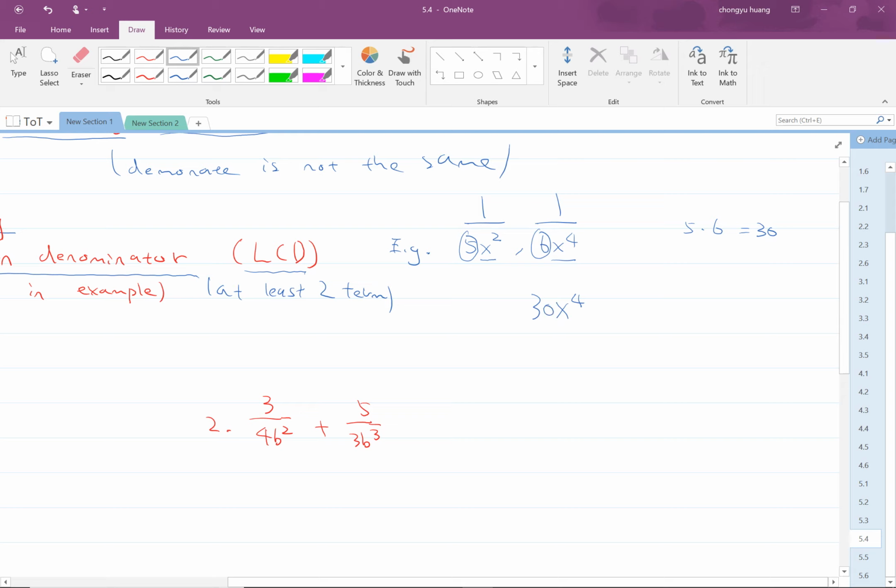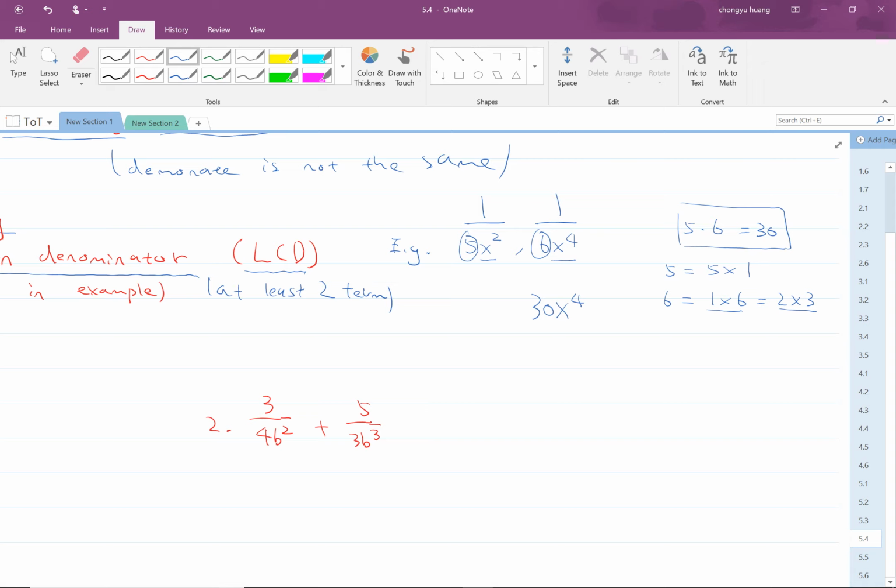To break it down in detail, for 5 we can only have 5 multiplied by 1, and for 6 we can have 1 multiplied by 6, and 2 multiplied by 3. There's no common factor between 5 and 6. So the least common denominator has to be 5 multiplied by 6, which is 30.